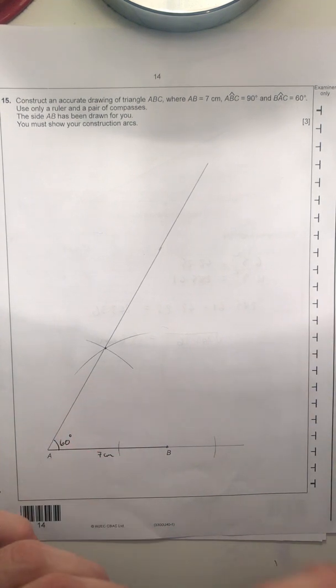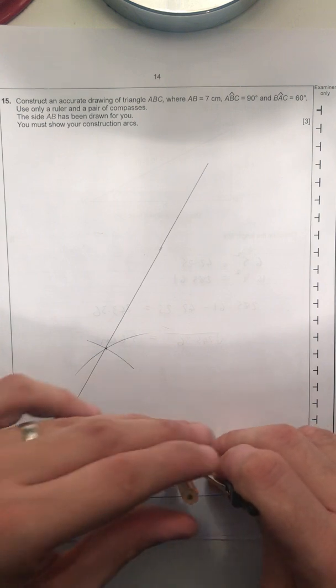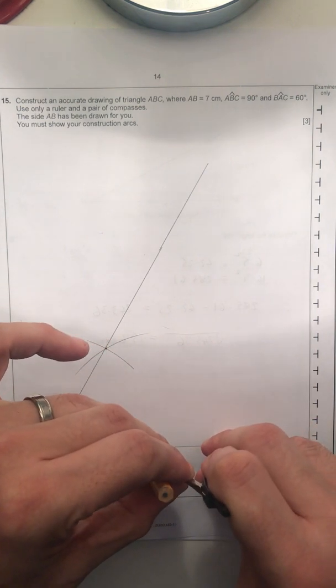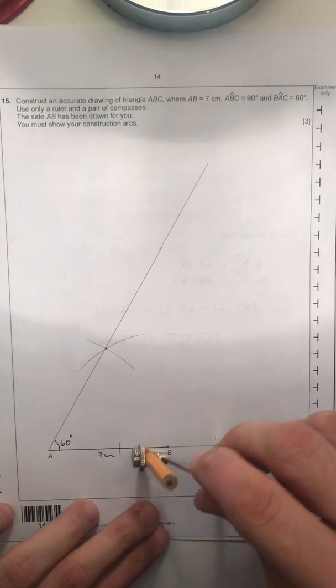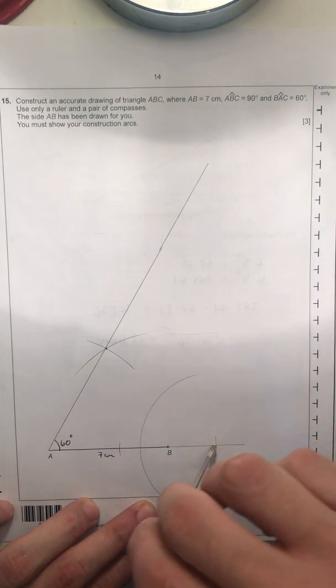So to do that, you put your point on the end there, and we need to open my compass just over halfway, or about 3/4. If I don't do that, they won't cross. And then I get an arc like that.